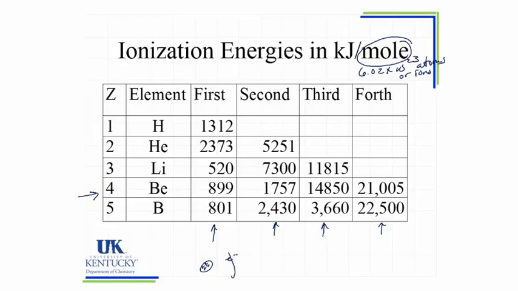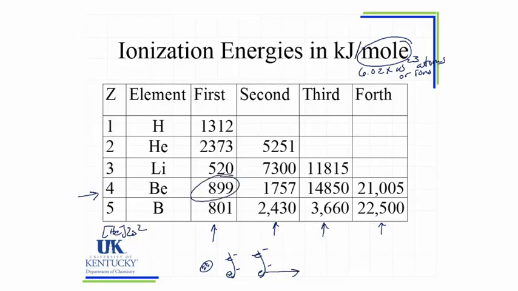We know we have 2 electrons in the 1s orbital, and then we have 2 electrons in the 2s orbital. So there is its electron configuration. I'll write it out: 1s2, 2s2.